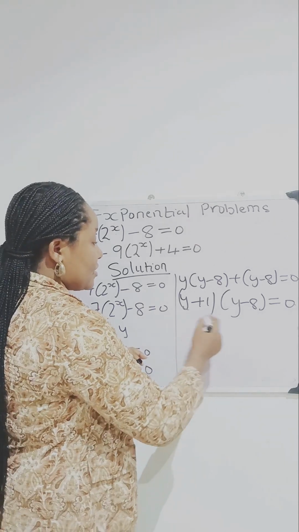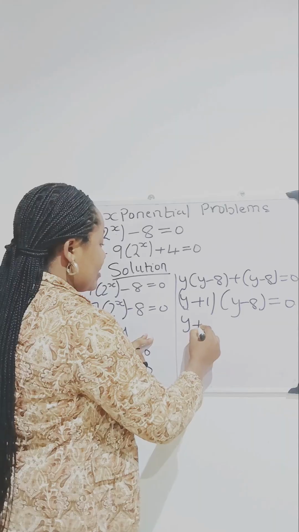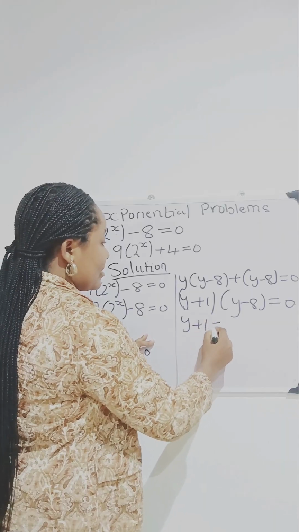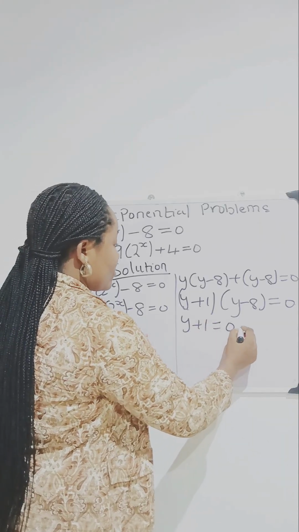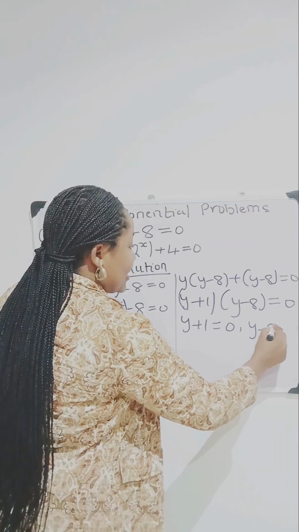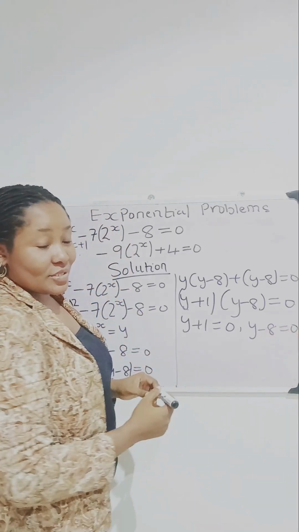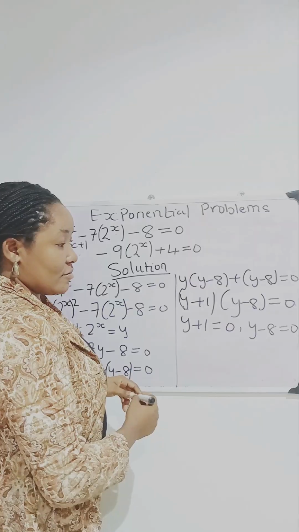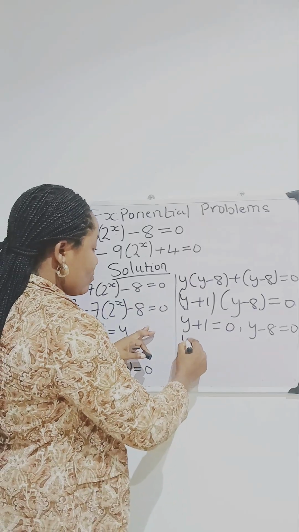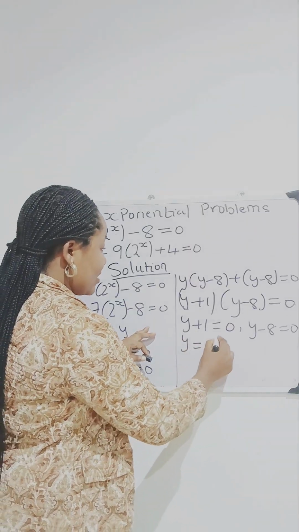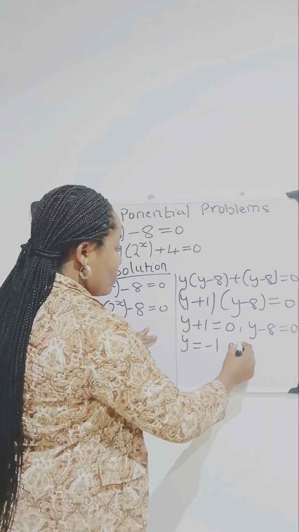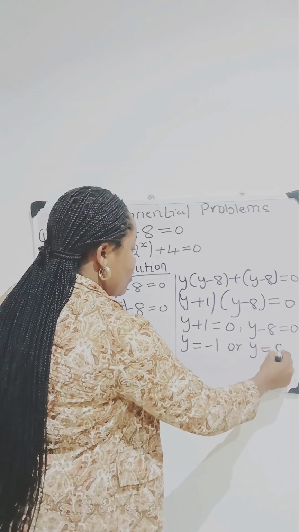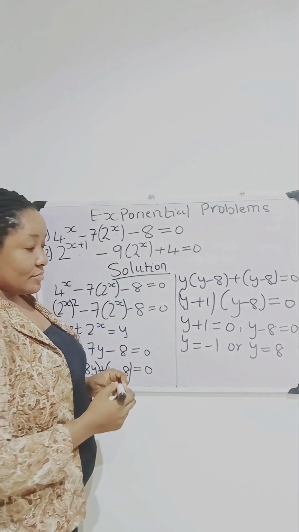So this will now be y plus 1 equal to 0, y minus 8 equal to 0. So from here, we'll now have that y is equal to minus 1 or y is equal to 8.